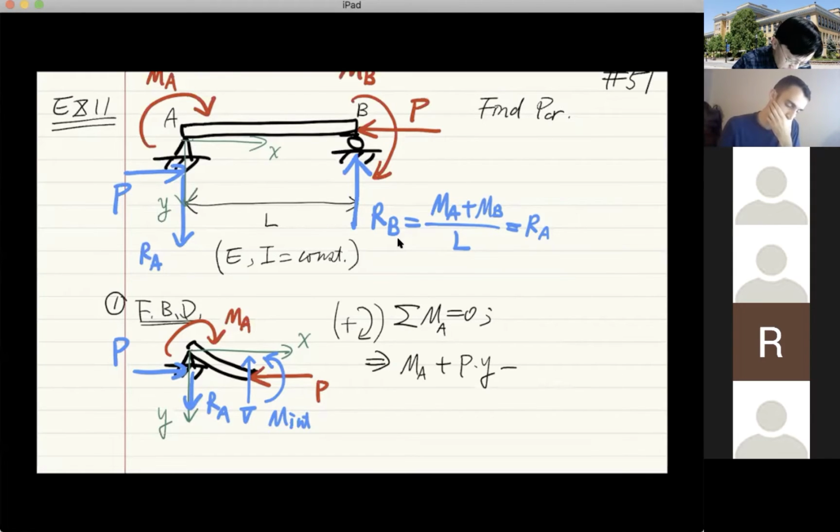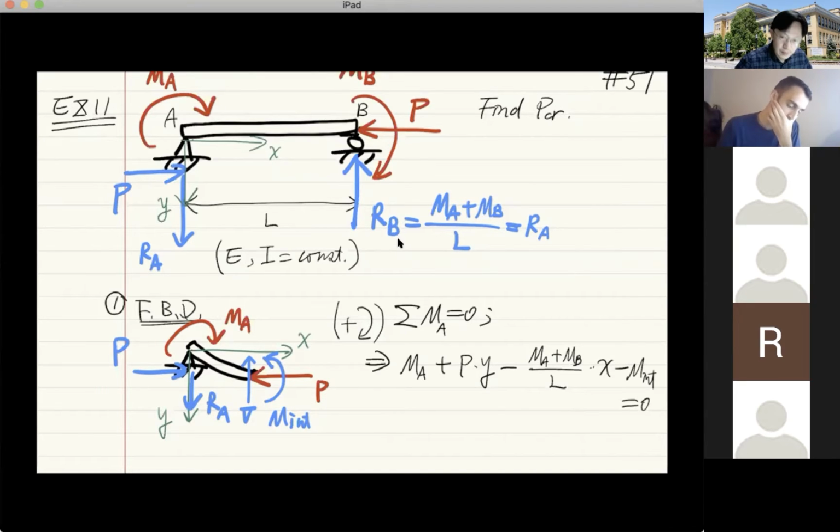So that's minus MA plus MB over L times X, and minus internal moment must be 0. Right? Then we have everything.